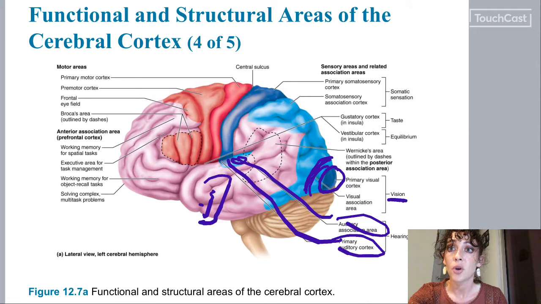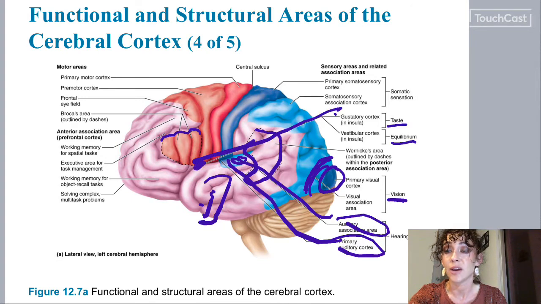And then we have Wernicke's area. So this is a highly specialized area of our brain, similar to Broca's area. So this is going to be part of our posterior association area, and we'll talk about that in just a little bit and how highly specialized it is. Taste, balance, all of those things are going to be found in our temporal lobe as well.